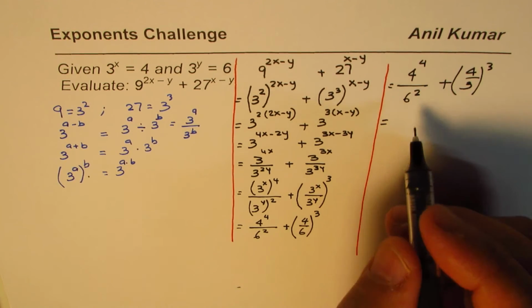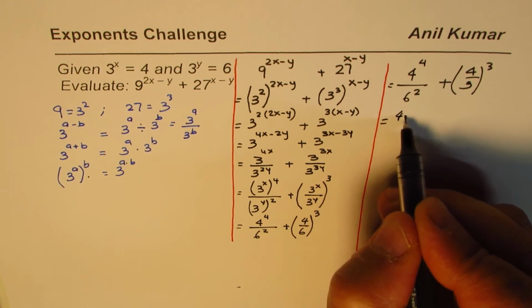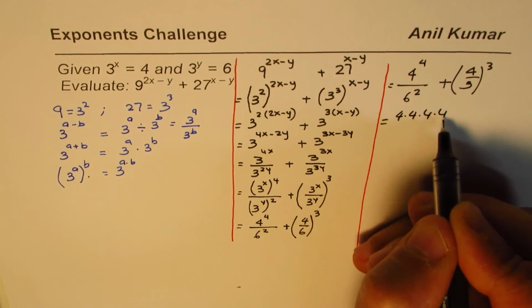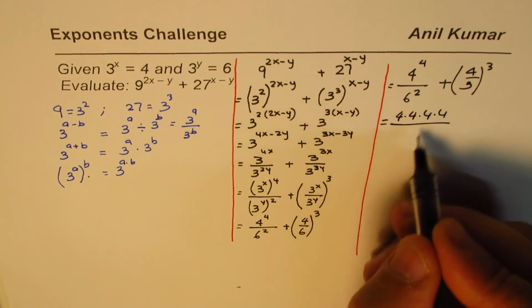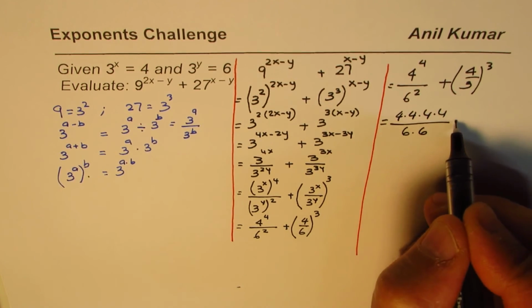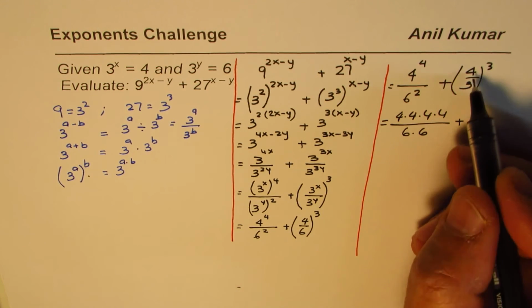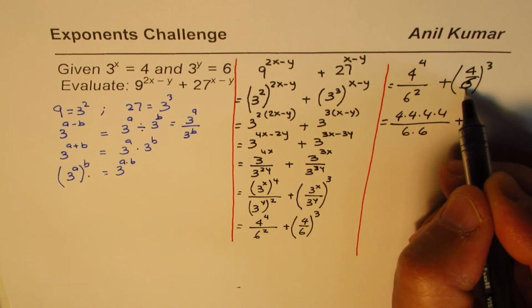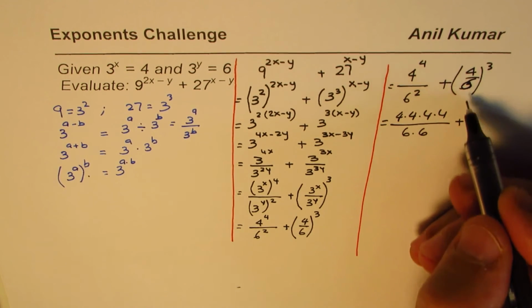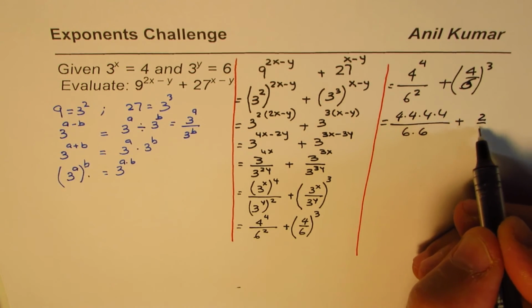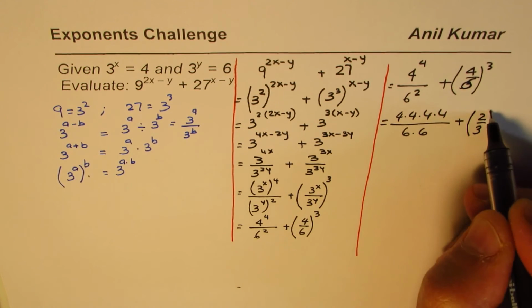To simplify, let's write 4 times 4 times 4 times 4, that is 4 to the power of 4. 6 squared is 6 times 6. Sometimes you're not allowed a calculator for such calculations, right? 4 over 6, you could divide both by 2, so you get 2 over 3 whole cubed.